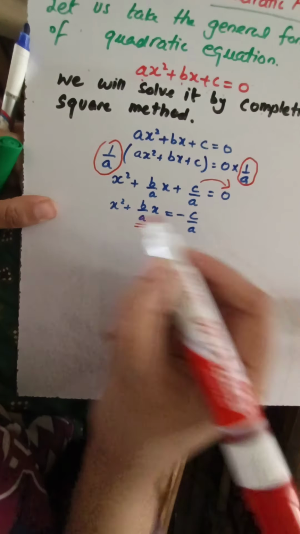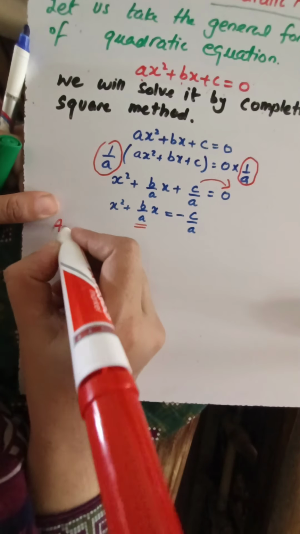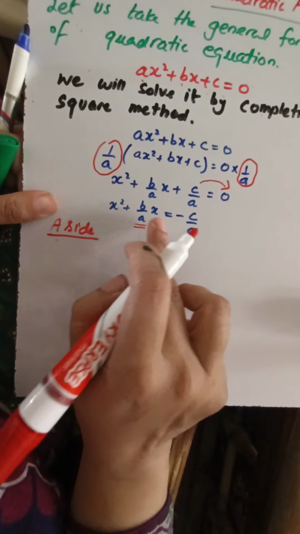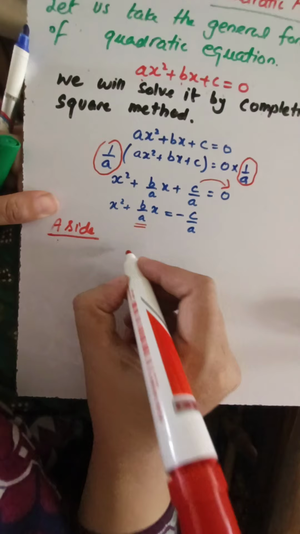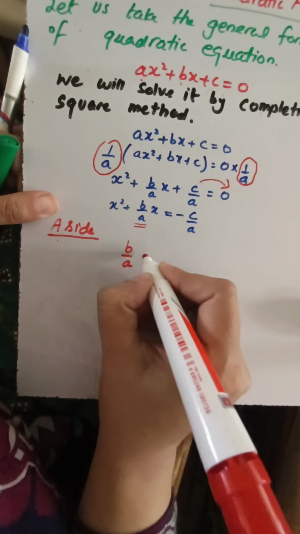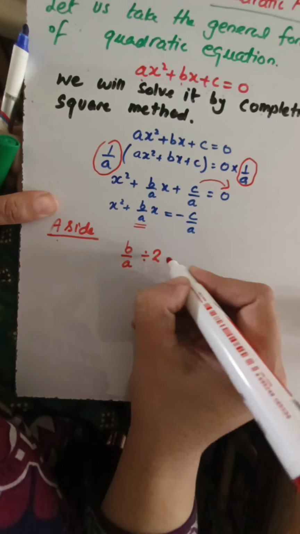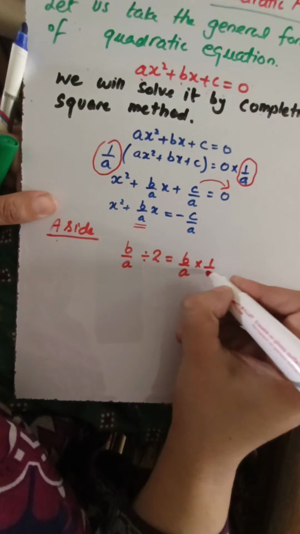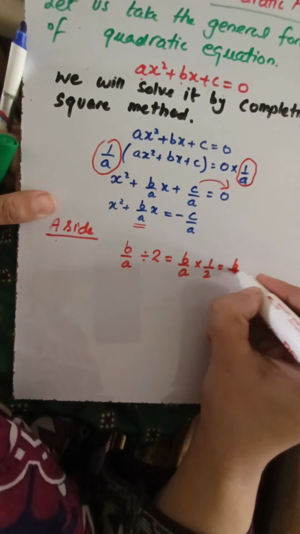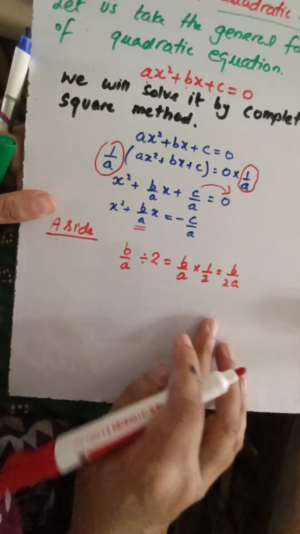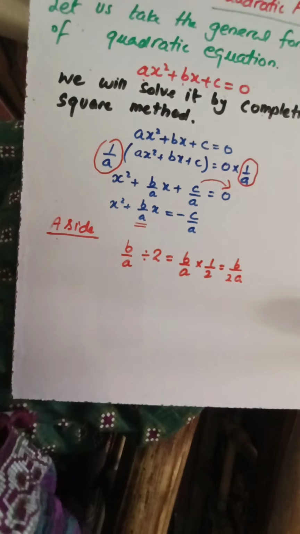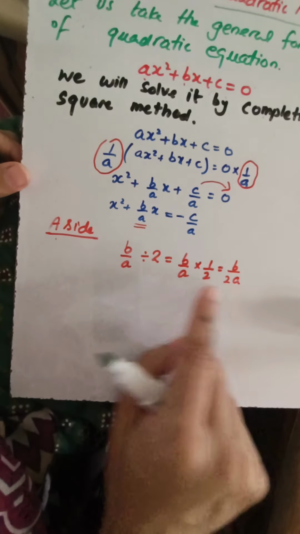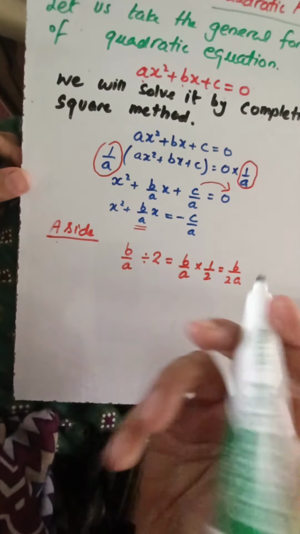Now I am going to do a side calculation. I am going to take the coefficient of x, which is b over a, and I am going to divide it by 2, and it will give me b over a into 1 over 2, which is equal to b over 2a. Okay, and next I am going to square this number which I obtained by dividing the coefficient of x by 2.